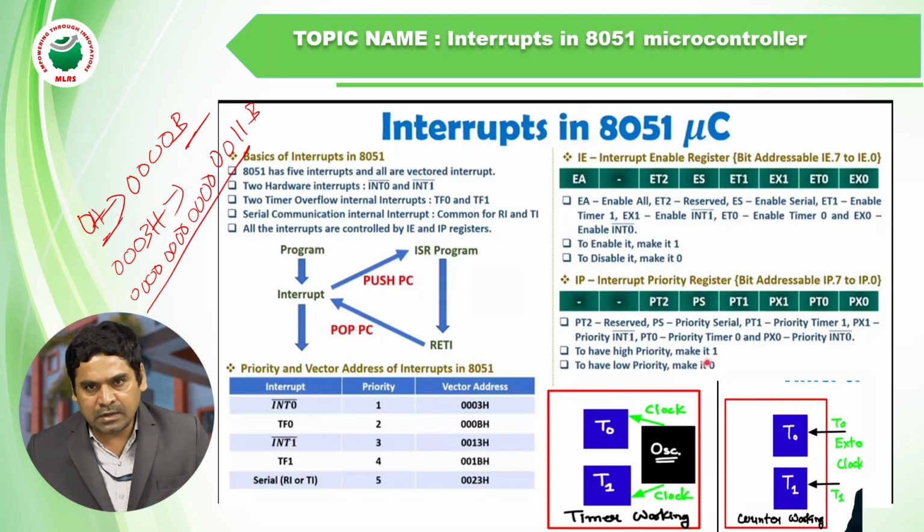When the INT0 bar interrupt occurs during execution of the main program, the main program stops and goes to the ISR vector address 0003H, where the subprogram is executed. Then it comes back to the main program and continues the process.